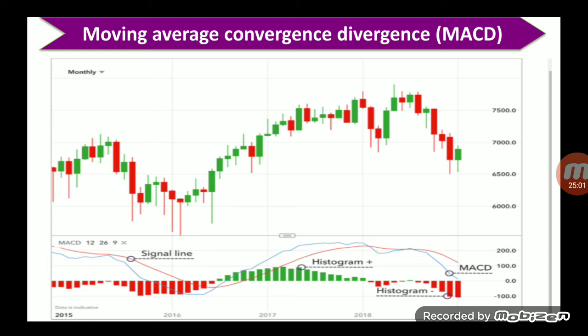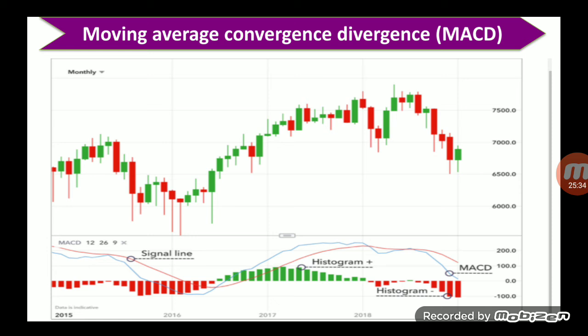The famous time periods we choose for the MACD are 12, 26 and 9. So we subtract the 26 days moving average, or 26 hours moving average, from the 12 days moving average, or 12 hours moving average, and that is the blue line, the MACD.